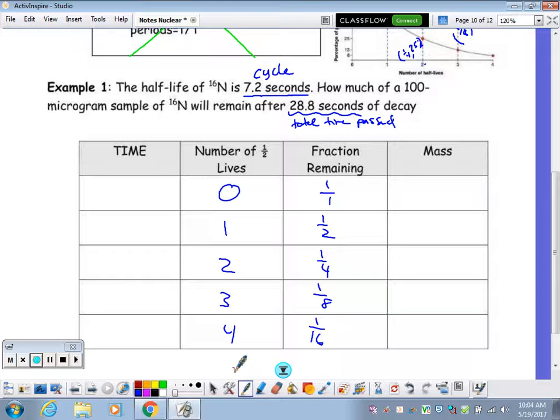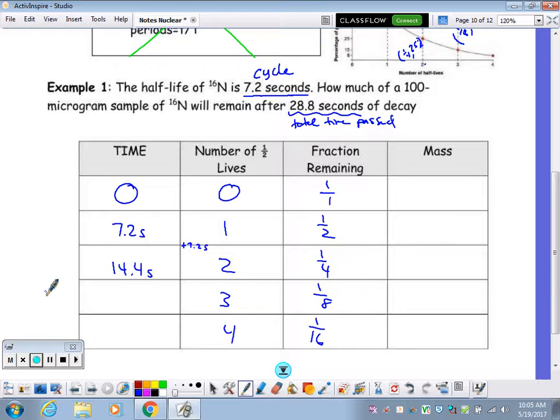If 0 cycles have passed, 0 time has passed. For nitrogen-16 to go from 0 to 1, it requires 7.2 seconds. So 7.2 seconds have passed after one cycle. To go from cycle 1 to cycle 2, it's an additional 7.2 seconds. So now, at the end of the second cycle, the amount of time that has passed would be 14.4 seconds.